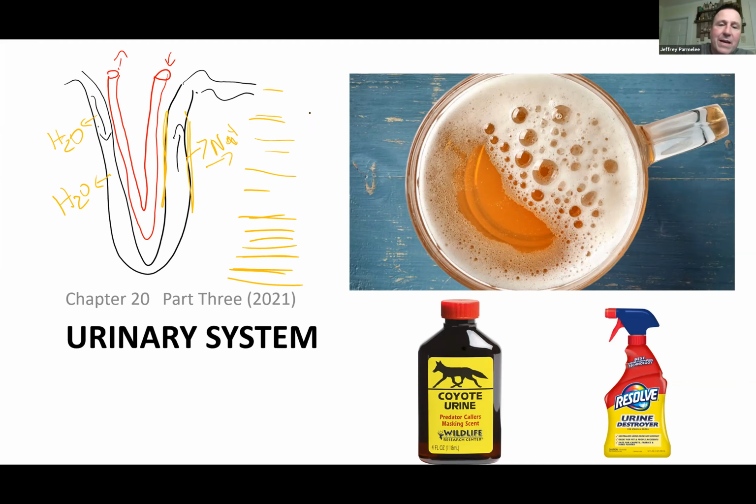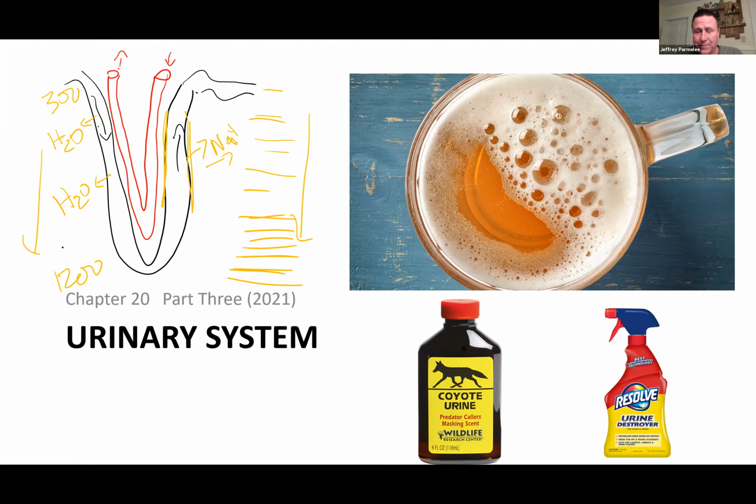So it sets up this osmotic gradient where deep in the medulla, it's really salty. It's like 1,200 milliosmoles, and normal is 300 coming in. Believe it or not, the only reason we have this complicated tubular system is to make that gradient where it gets saltier, saltier, super salty, right?